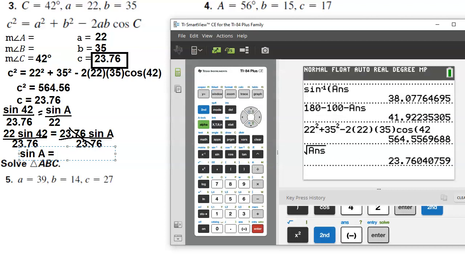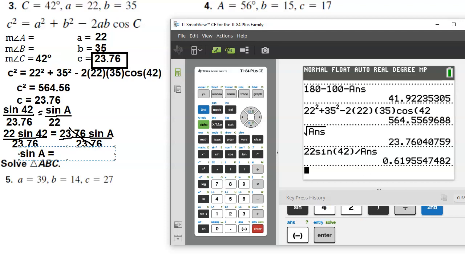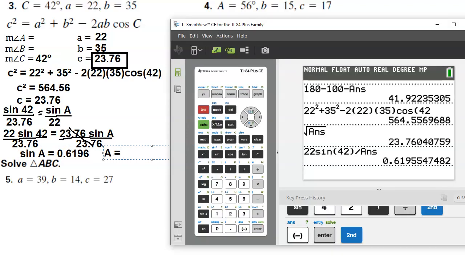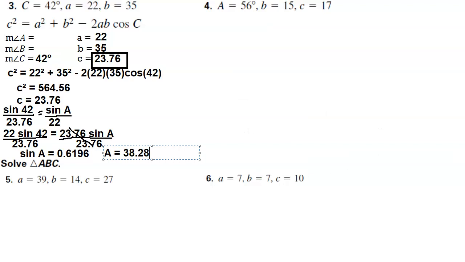Once again, we're going to lean hard on the calculator here. 22 times the sine of 42, close the parentheses, and divide by the answer from the previous problem, and you get 0.6196. In order to figure out angle A, remember we're going to do the inverse function here. So we're going to do inverse sine of the answer, and that's going to give us 38.28 degrees.